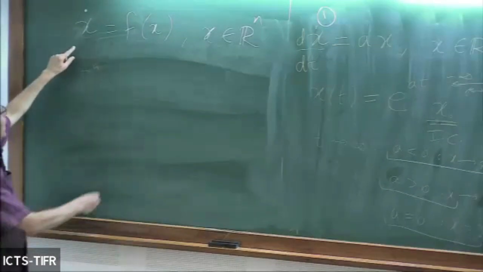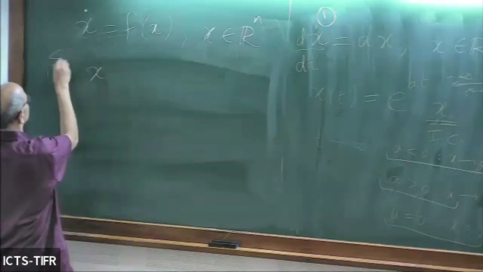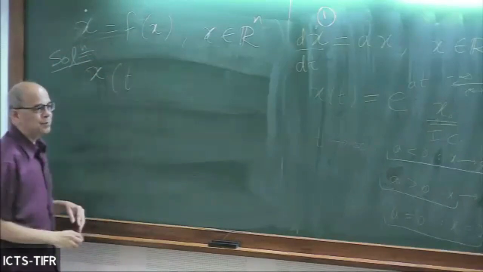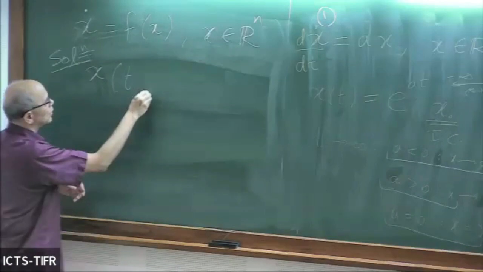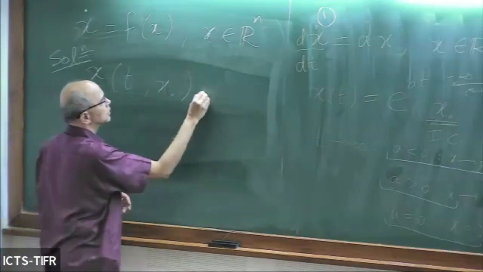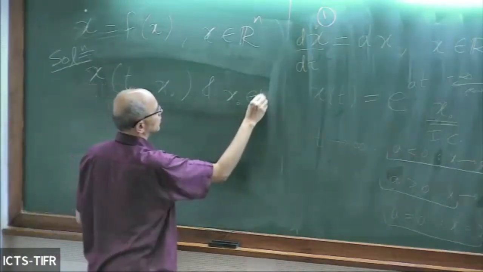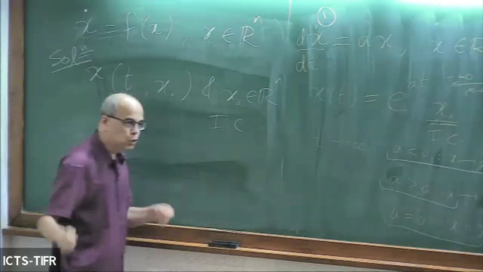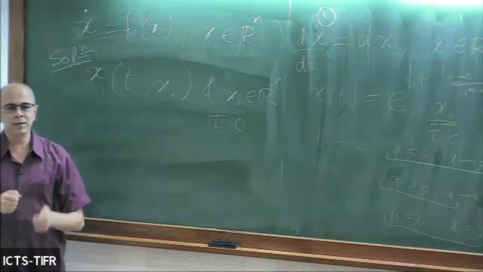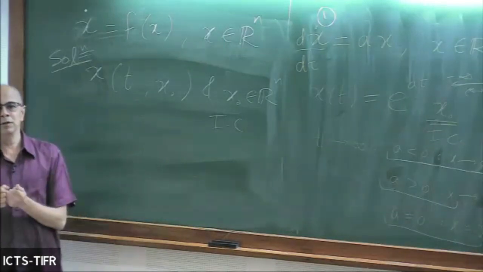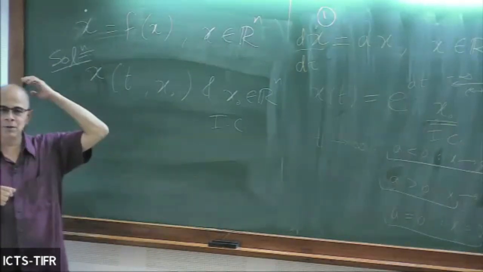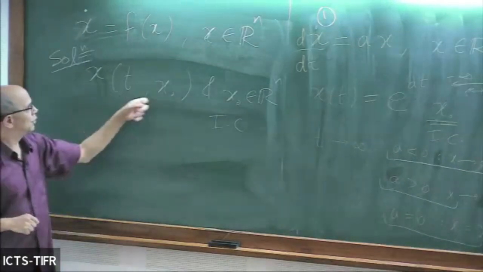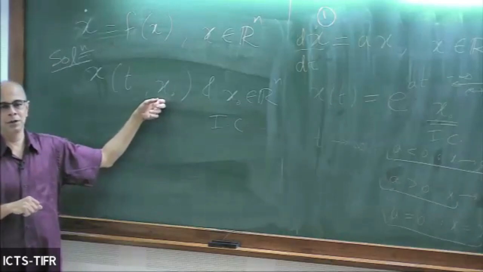Okay, so the solution is a function of time, but of course also a function of the initial condition. So I choose a point in the n-dimensional space. That's the initial condition. We are choosing it randomly, for example, in the code. And the solution will depend on, of course, the time, but also the initial condition itself.